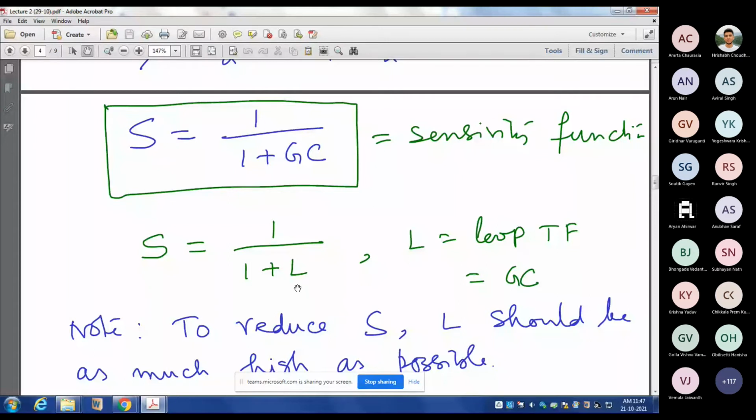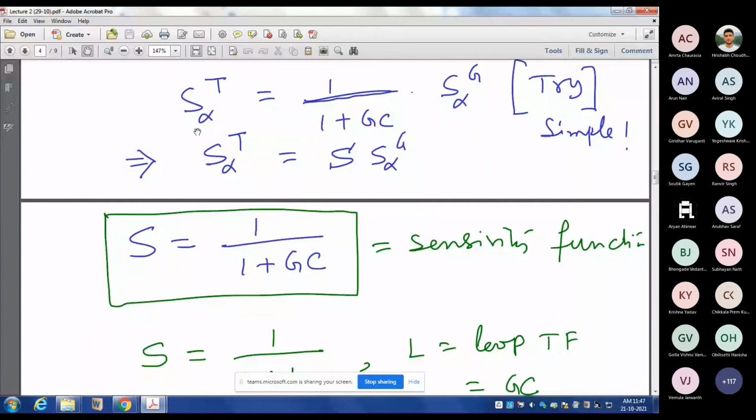Of course, we can see from this expression that S is a multiplying factor here. So naturally, as S becomes low, your closed loop sensitivity becomes less. That means if there is any parameter variation in the open loop plant, that will affect least if you close the loop.